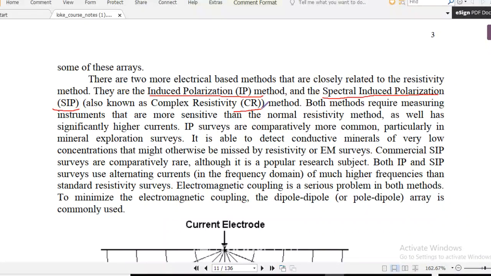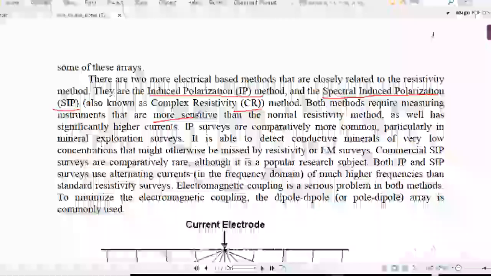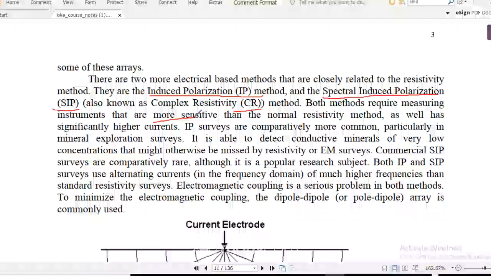Both methods require measuring instruments that are more sensitive than the normal resistivity method. In front of induced polarization, IP, we add spectral, so spectral induced polarization and induced polarization. Sometimes it's called complex resistivity.